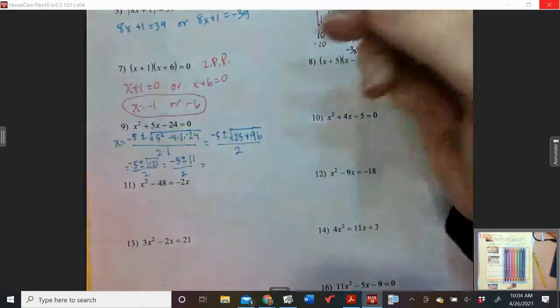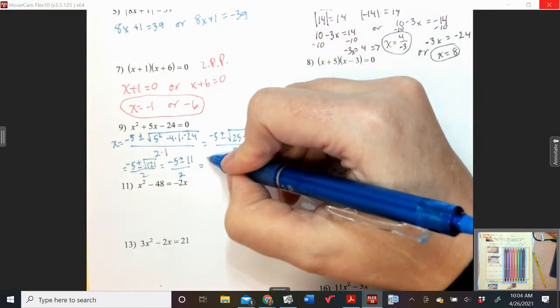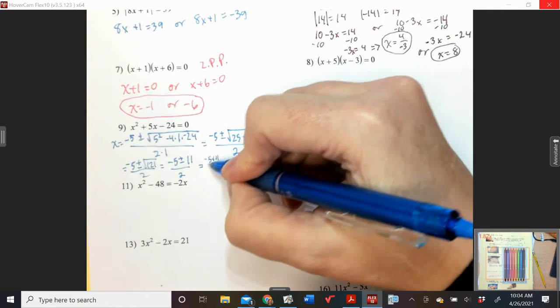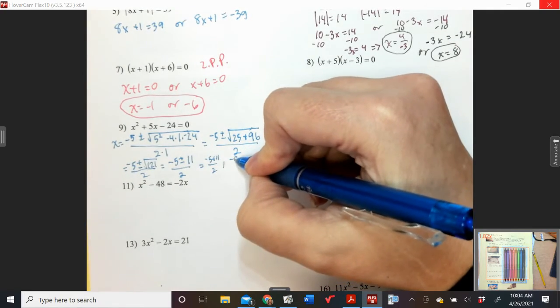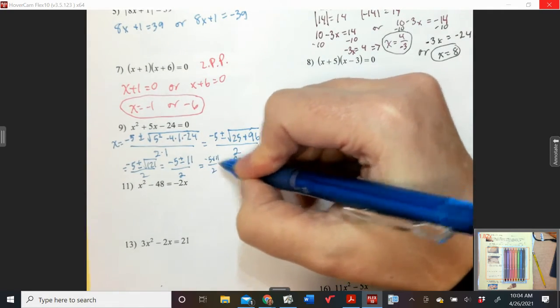Square root of 121 is 11. So we have -5 plus 11 over 2, or -5 minus 11 over 2.